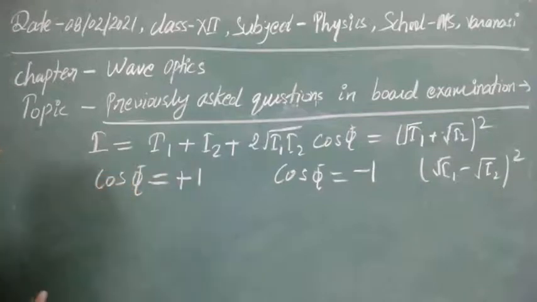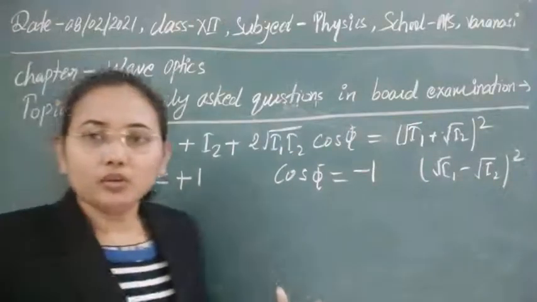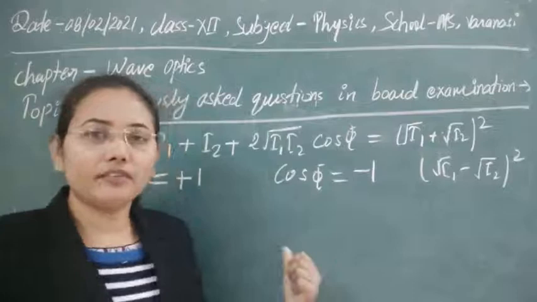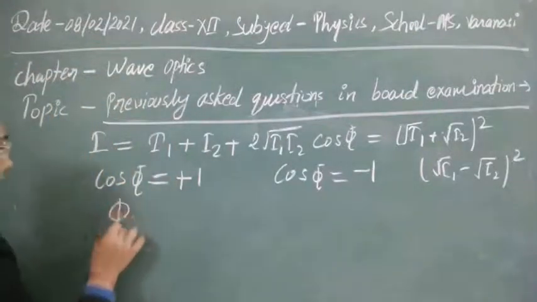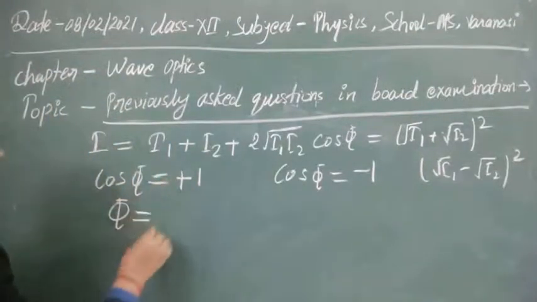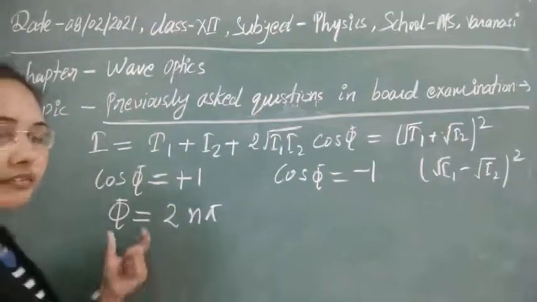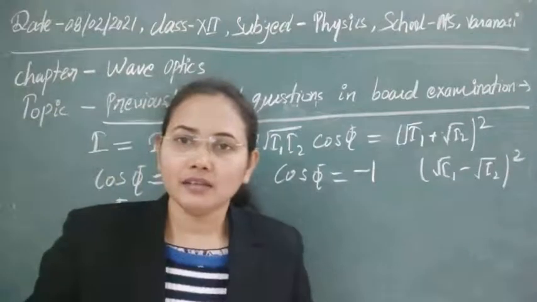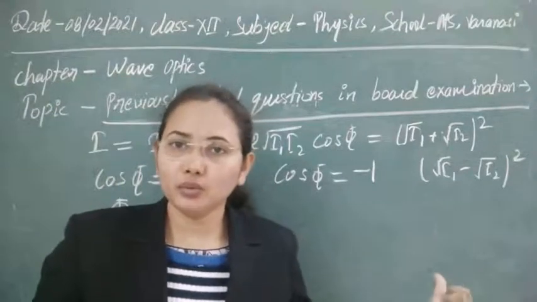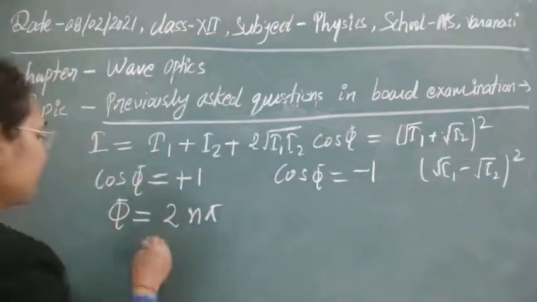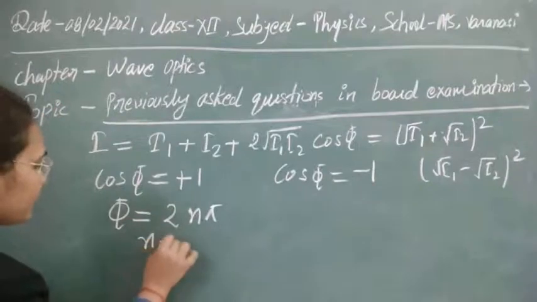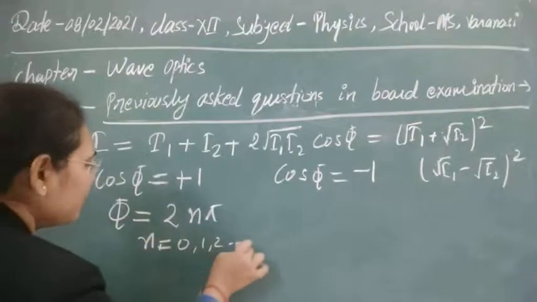Whenever the value of cos phi is plus 1, we can write the general values of phi. Cos phi gives the value plus 1 for phi equal to 2n pi, where n is 0, 1, 2, 3, 4 and so on.